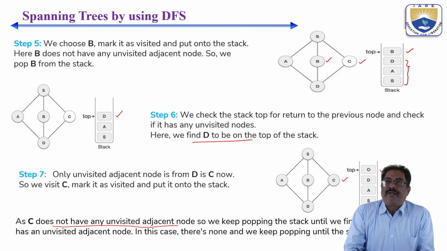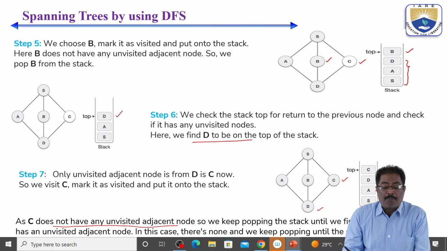So we pop C, and then we go back to D, and there is no adjacent vertex remaining, so we pop D also. Then we go to A, and for A there is no unvisited adjacent vertex, so we pop A also. Then S will be there, and from S also there is no adjacent vertex, so we are going to pop that.